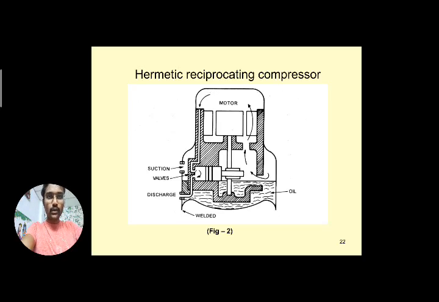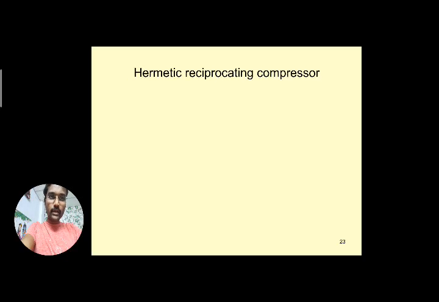At the top there is a motor, and the shaft is connected to the crank. The crank rotates and is connected to the piston and cylinder arrangement. There are suction valves and discharge valves. Lubricating oil is also present at the bottom to receive the heat generated by the electric motor. All the things are placed in a single unit.